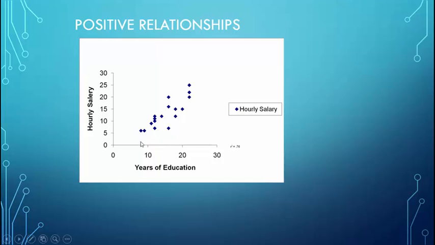Here's someone with like 9 years of education making $5 an hour, which I don't think is even legal, but this is made up data. And then as people have higher and higher years of education, right, 12 would be a high school graduate, 13, 1 year of college, 14, so these are people who have gone on to graduate school. They have more years of education, they're also making more money per hour. Again, the dots are kind of going in this upward slanting line from left to right, and so we have a positive correlation.